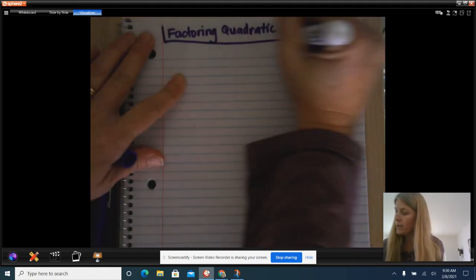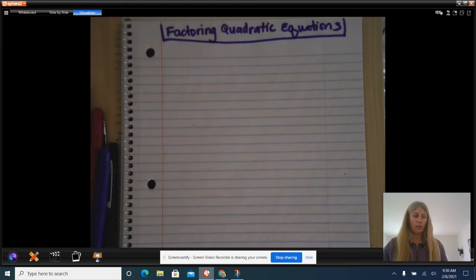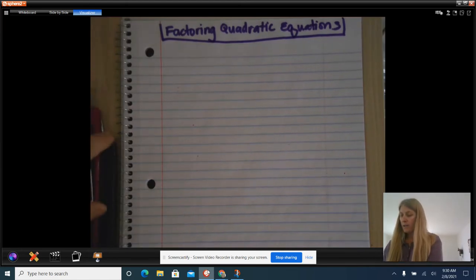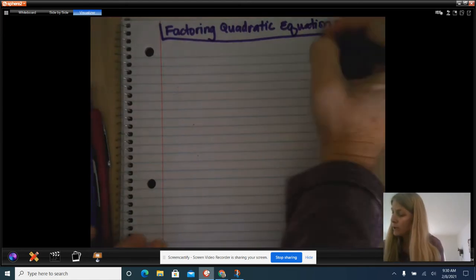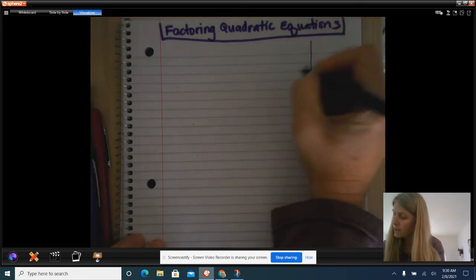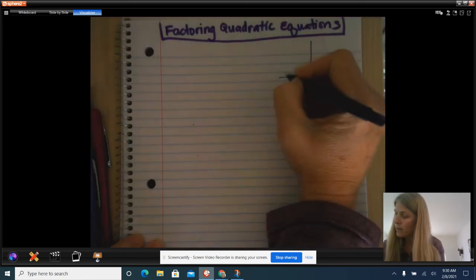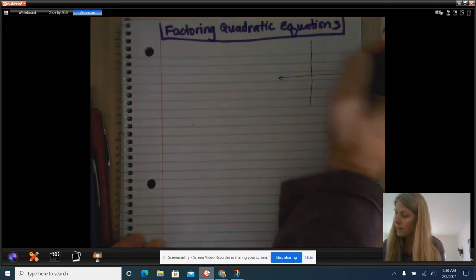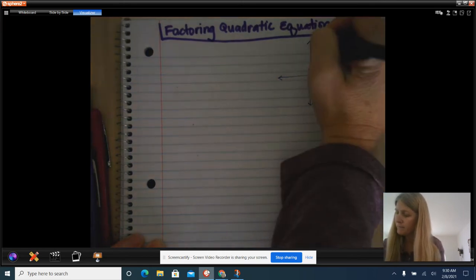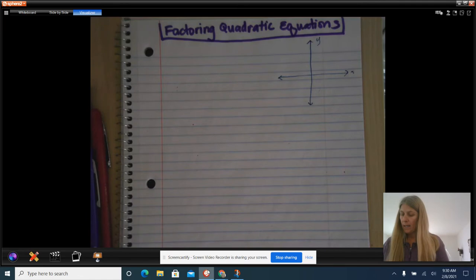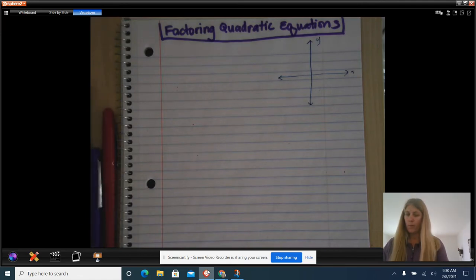Okay, and we're going to go ahead and just do a brief overview of the parts of a parabola and what we're looking for. So we're just going to do a quick sketch with our x-axis and our y-axis. Okay. And we're going to go ahead and draw a parabola.